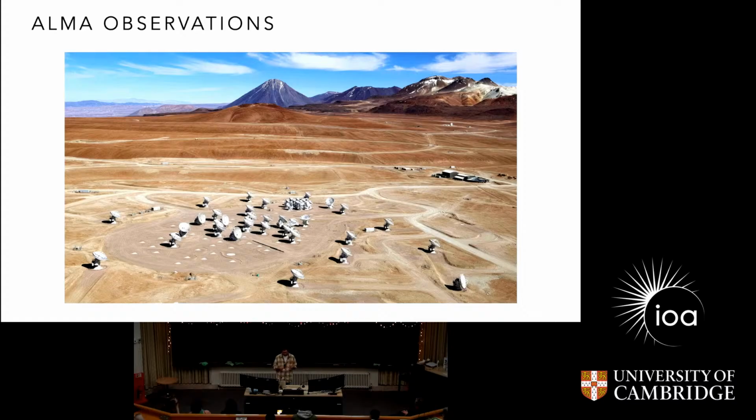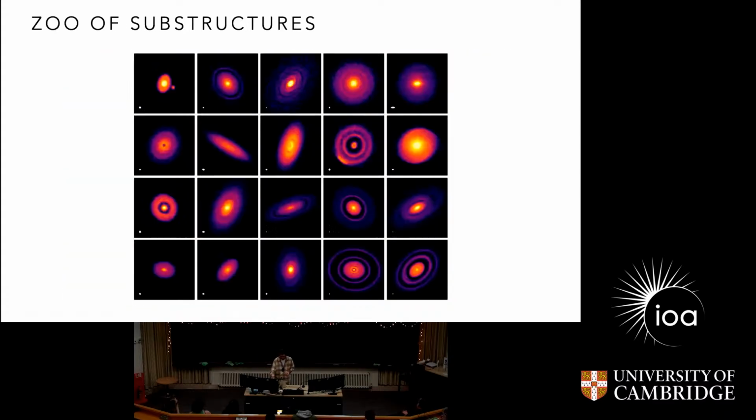And we need this kind of observational facility, antennas rather than a single telescope, because the objects we are observing are very small and very far away. So we need to resolve them very well. And this is not possible with a single big lens, but we need different antennas to collect all the signal we receive. And so these are, for example, other observations of these protoplanetary disks with ALMA.